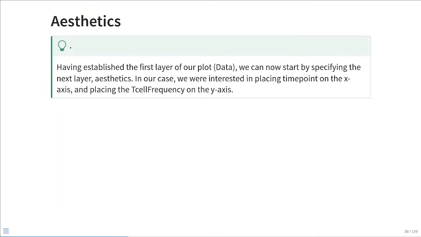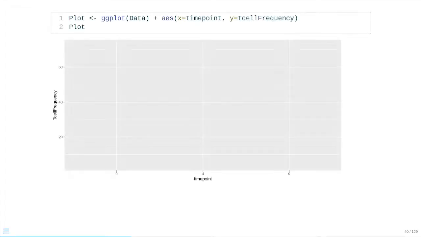So, having built out this first layer of our plot, we're going to build on with the next layer, specifically the aesthetics layer. Because we want to build a box plot with the x-axis as time point and the y-axis as T-cell frequency, we should specify we want to use those two particular columns. In terms of adding on an additional layer in ggplot, we start with that function we just used, where we're passing the data to ggplot.